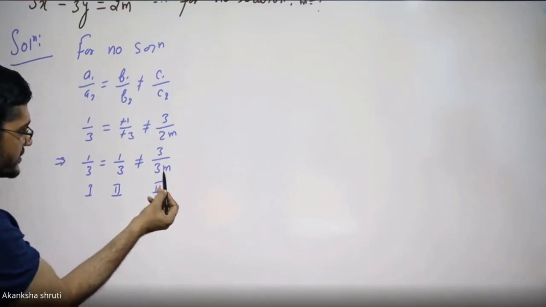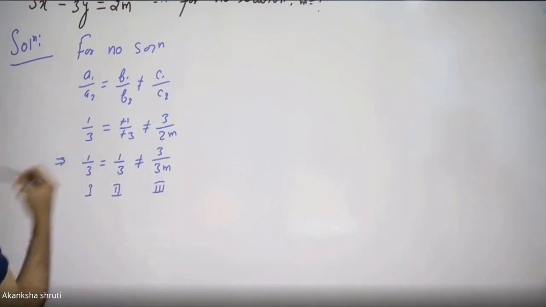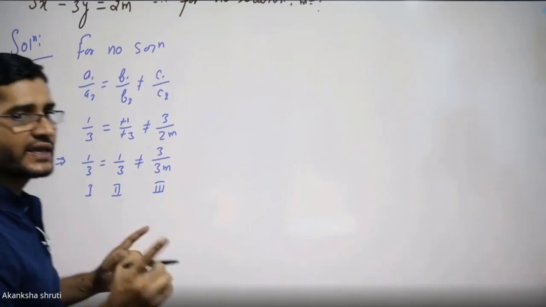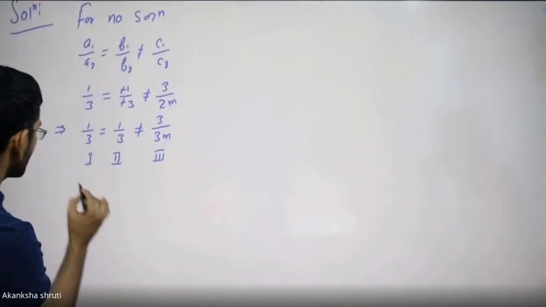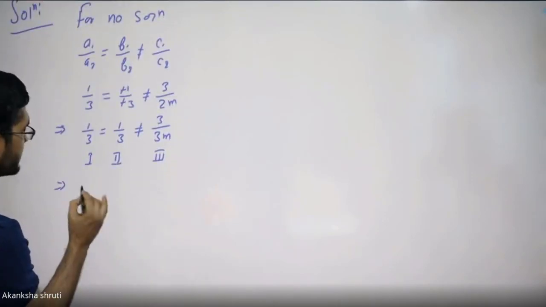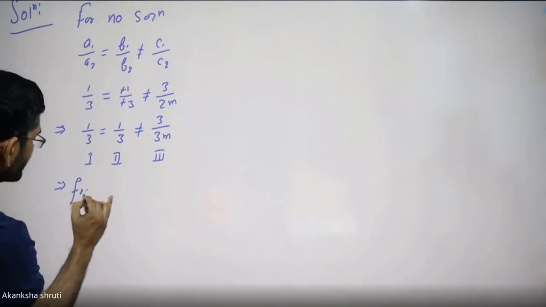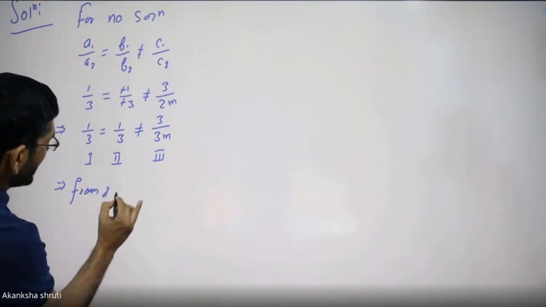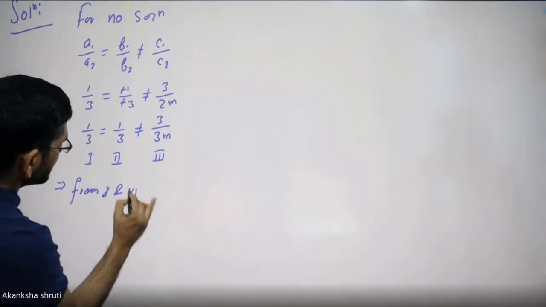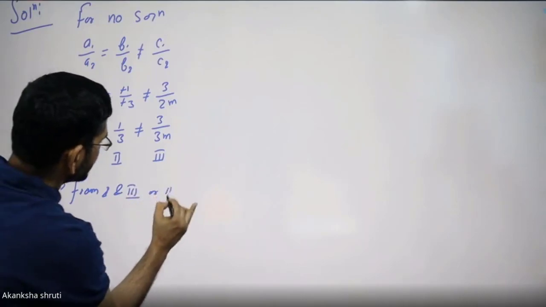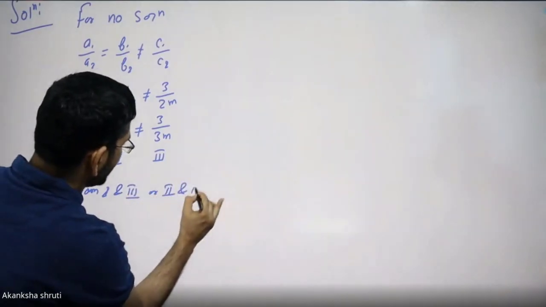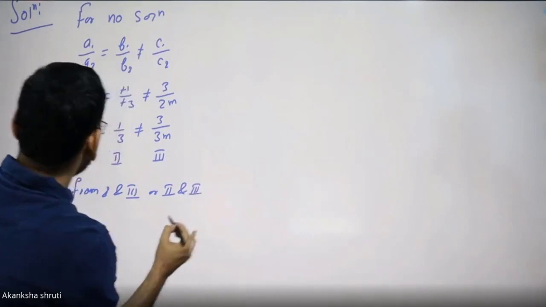Whether you equate the third with the second or the third with the first, you will get the same result. Okay, student? So this implies from 1 and 3, or from 2 and 3, you will get the same thing.